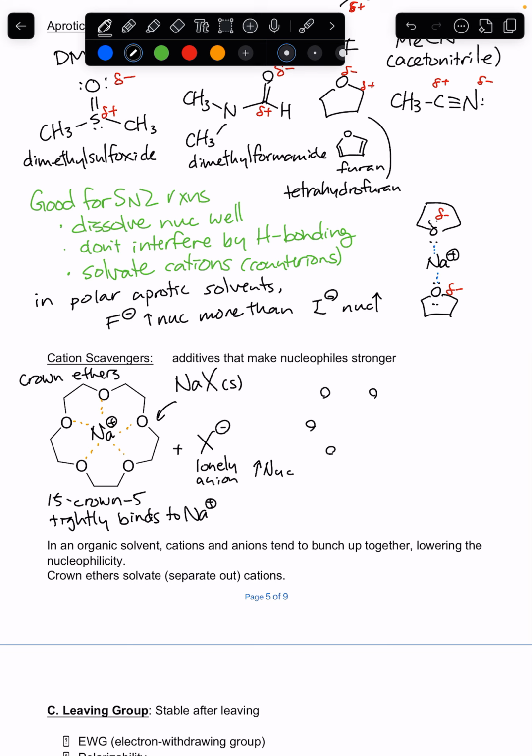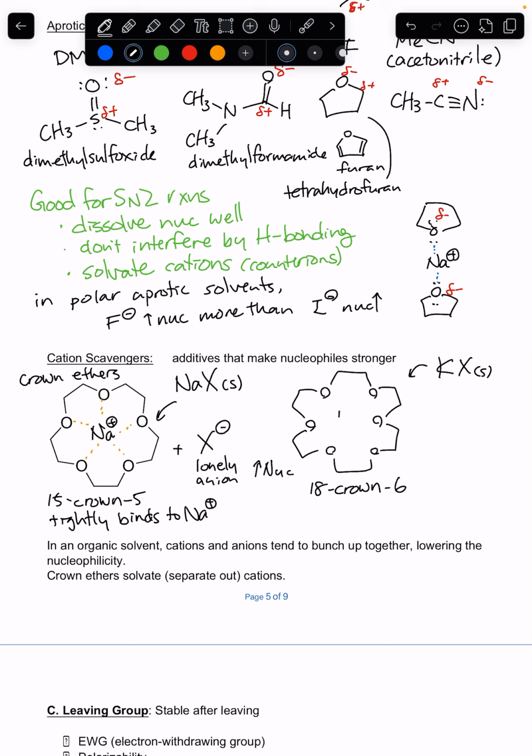Let's see if you can name this. This has 18 atoms in the ring. It's a crown ether, and 6 oxygens. So this is 18-crown-6. And this is perfect for potassium.